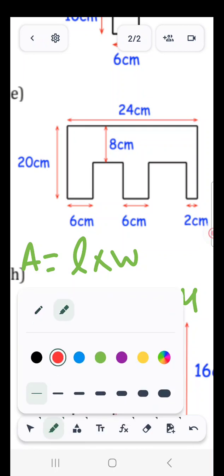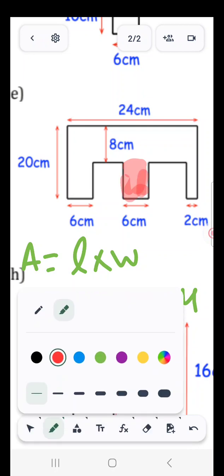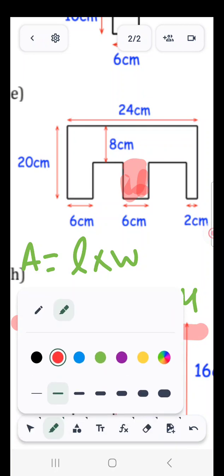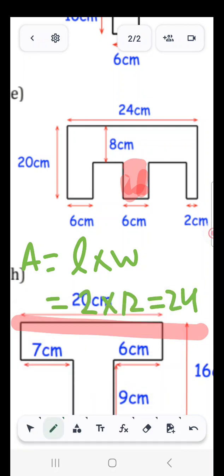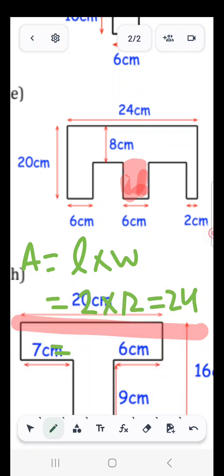I'm going to find out the area of this red highlighted part using the red pencil as well. Second length is actually 6, clearly visible, and the height or the width is 12 again. So 6 times 12 is 72.